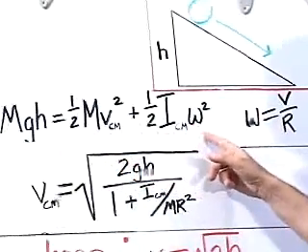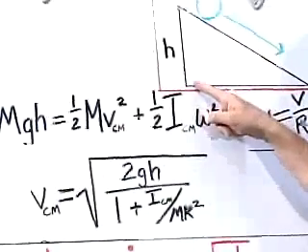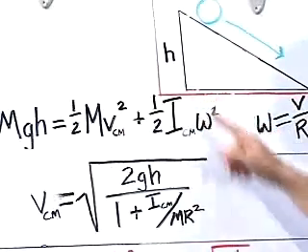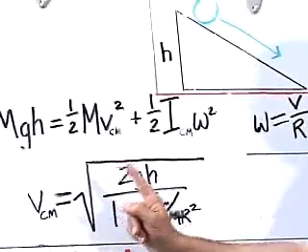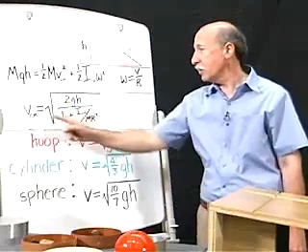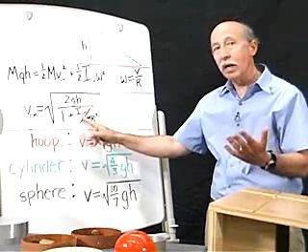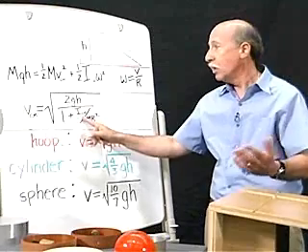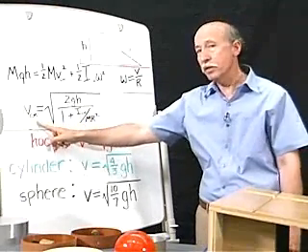And the sum of these two is in fact always equal to mgh, the difference in potential energy between the beginning and the end. Well, if we solve this equation for what the final velocity is, we see that in fact the final velocity depends in some way on I, on the moment of inertia. So in general, objects with different moments of inertia will achieve different final velocities, and one or the other is going to win this race.